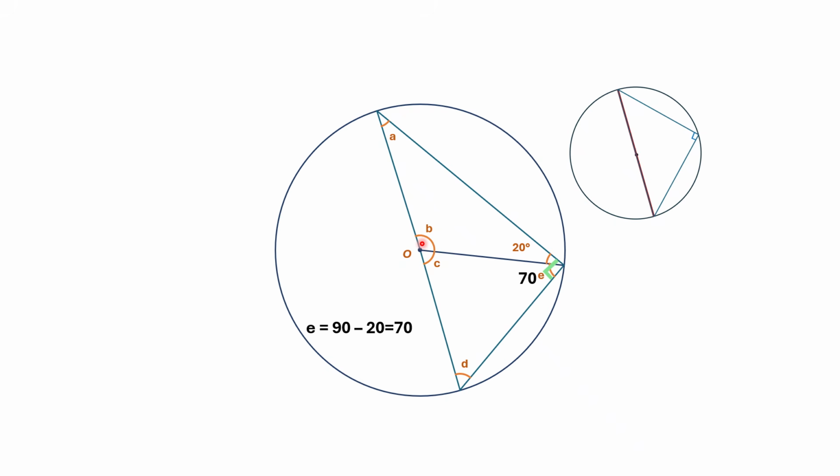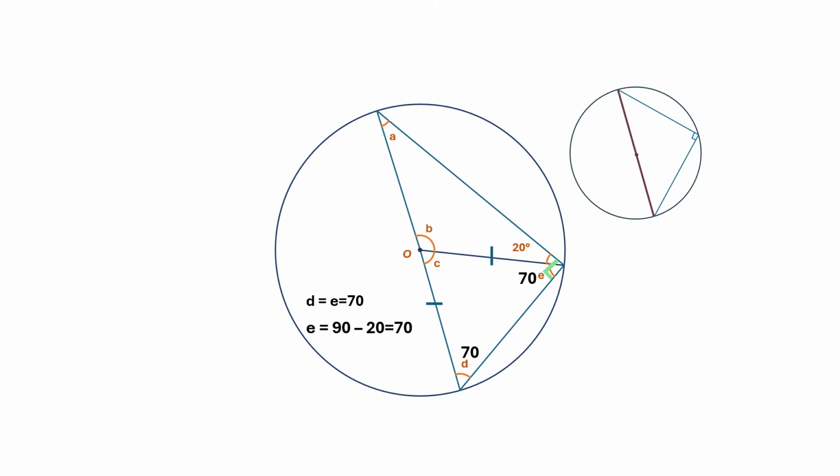Look at these two sides. These are both radius. This is a radius, and that's a radius. So they are equal. That makes this triangle an isosceles triangle. If this is 70, this is also 70. So D is equal to E is equal to 70.